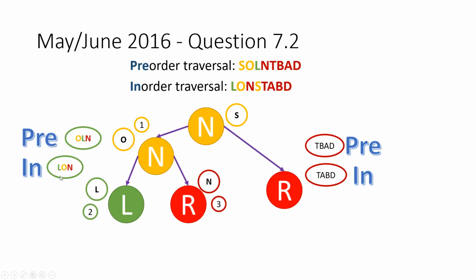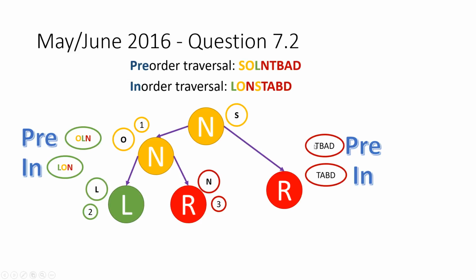The root node is in the middle. So we are able to easily identify which one goes left, which one goes right, and here we've got left and right and middle. So basically I've said number 1, we've got the root node, which is N. Number 2, we got the left-hand side, which is the L. And then number 3, the step 3, we got the N, which is on the right-hand side.